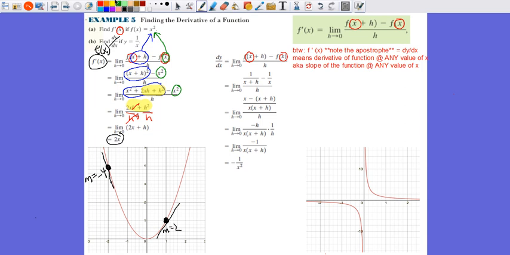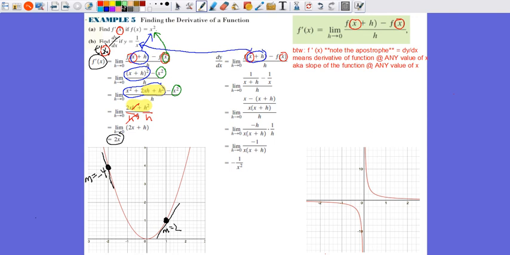Remember, this used to be 4, but now we're asking for general x's. So we're plugging in x plus h into the x in 1 over x.